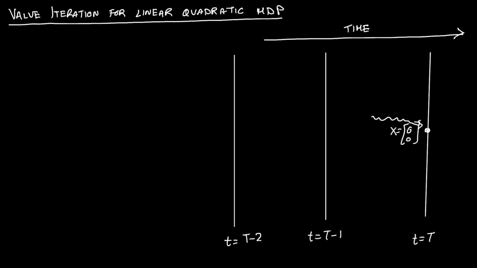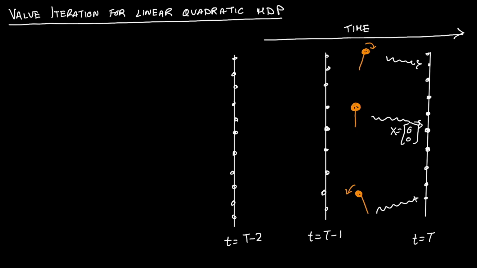For example, this point represents a state 0, 0 at time t. Other points represent states further away, for instance at higher angles and higher velocities. For example, the state at the bottom represents a pendulum falling to the left, and the state at the top represents a pendulum falling to the right. And at each time, we can compute different states.